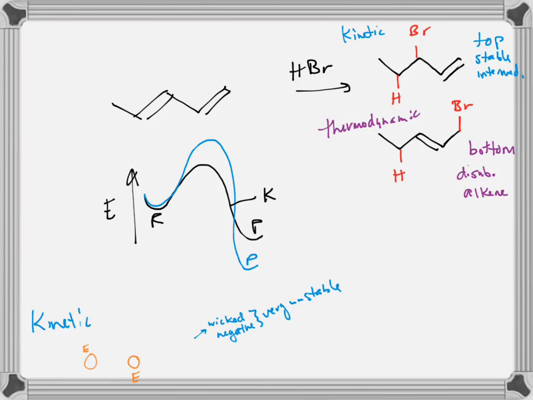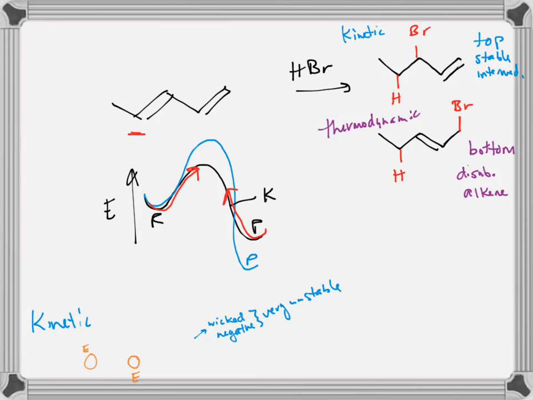So if I provide enough energy to now clear that high barrier, yes, I will still get the kinetic product, but I've also provided enough energy for the kinetic product to go in the reverse direction. So the kinetic product is now in an equilibrium situation. But the thermodynamic product is not.